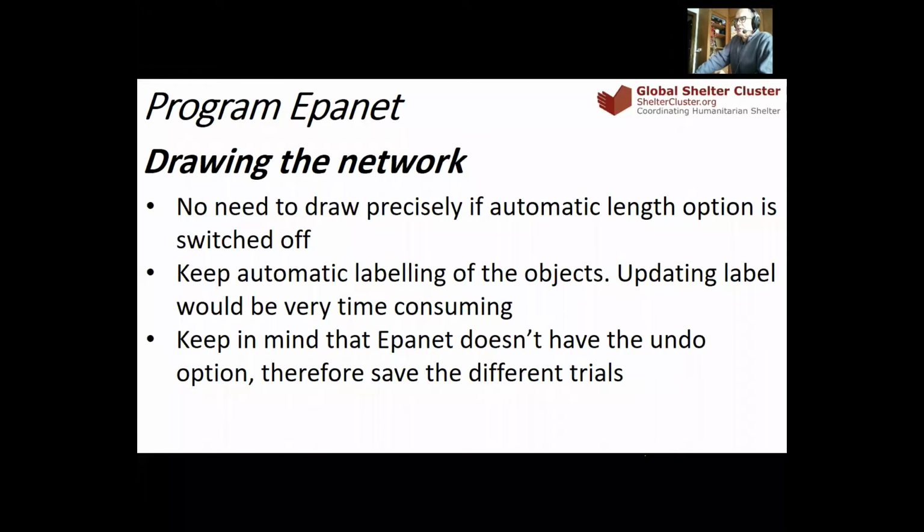And then drawing the network. Now we have seen the 5 elements, and now it's time to draw the network. First of all, of course, you need to have a map of your system. You need to know where is your water supply, where is your lake or your reservoir.